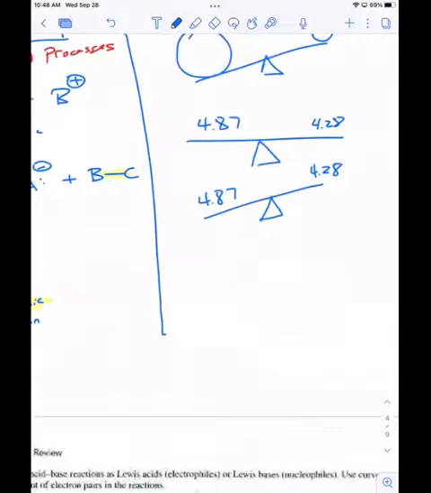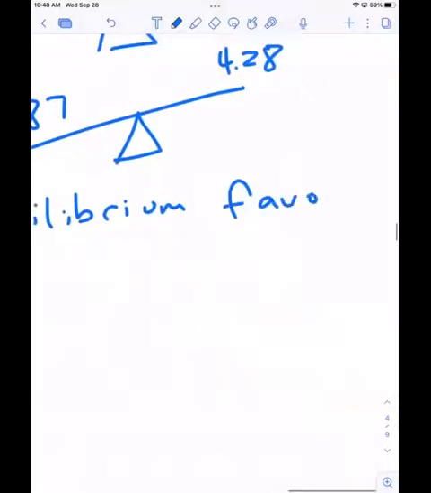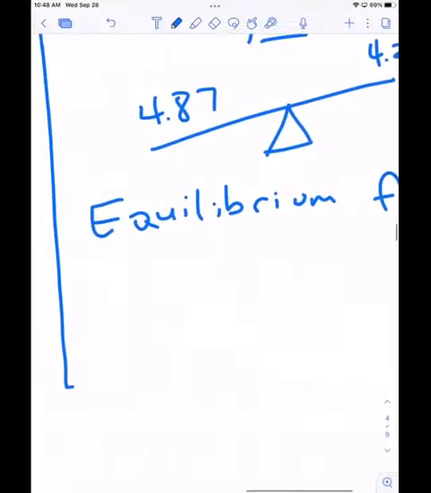The bottom line is this: it's a very simple concept. Equilibrium is going to favor the weaker acid. And there's a reason for that.